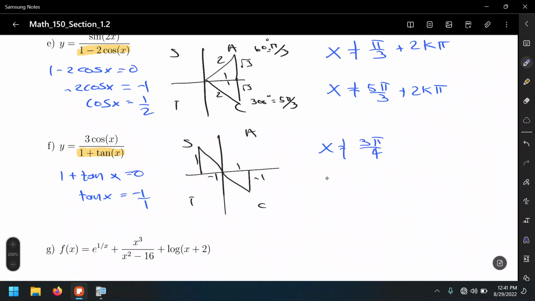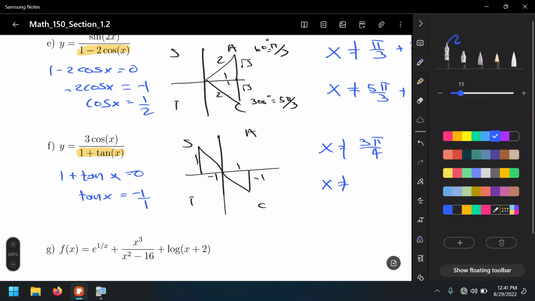And for now, also x cannot be, well, that's also a 45-degree angle for this triangle, but given the actual position, we go from 0 all the way to 7 pi over 4, okay? So it cannot be 7 pi over 4.